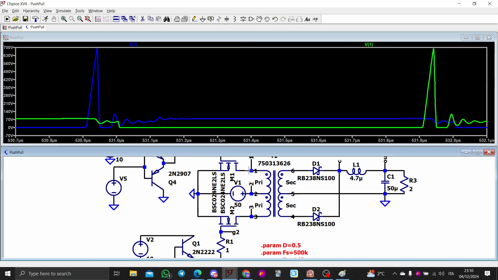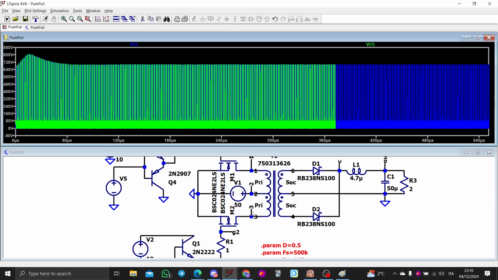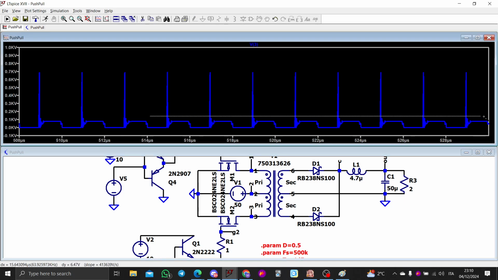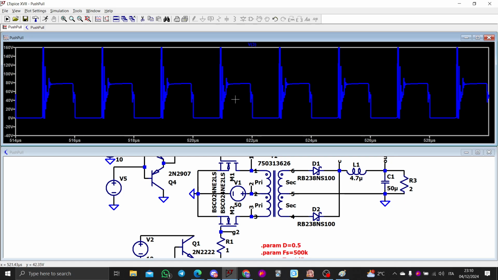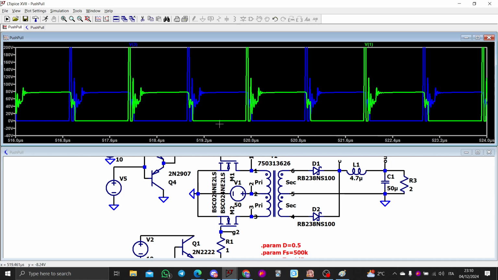Okay. I cannot even understand in this simulation what effectively they are. But let's just say that they are similar to what I expect.